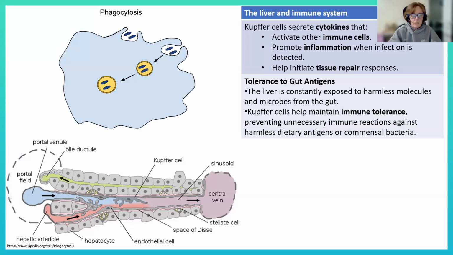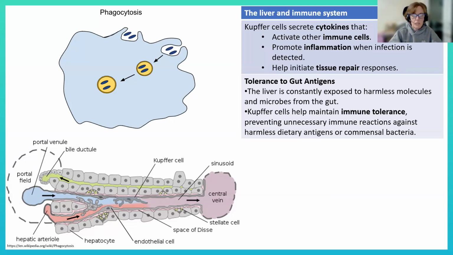The liver, as we were saying earlier, is constantly exposed to the harmful molecules and microbes in the gut because of its position, because it's next to the exchange surface of the gut. So it helps to maintain something called immune tolerance, which stops these unnecessarily large immune reactions against stuff like dietary antigens, stuff that you might be eating that you could react to, and other bacteria.